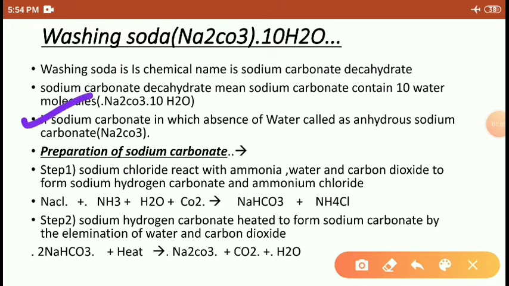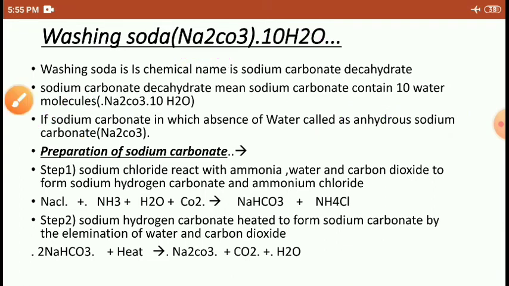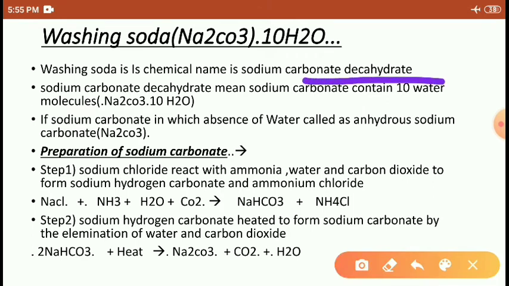So if sodium carbonate is in the absence of water, there is no water, water is absent. In this case, such type of sodium carbonate we call anhydrous sodium carbonate, right? Understood, students? So when water is present, it is called decahydrate.